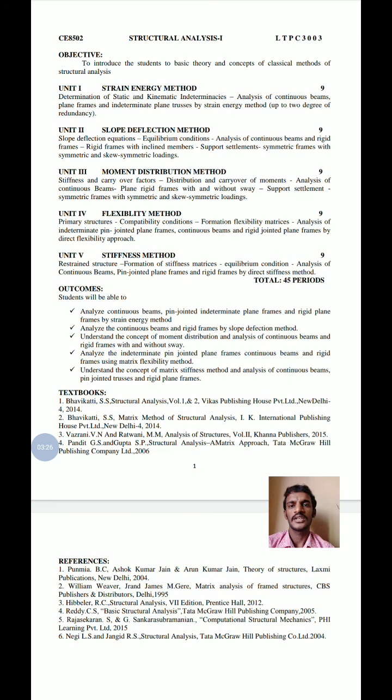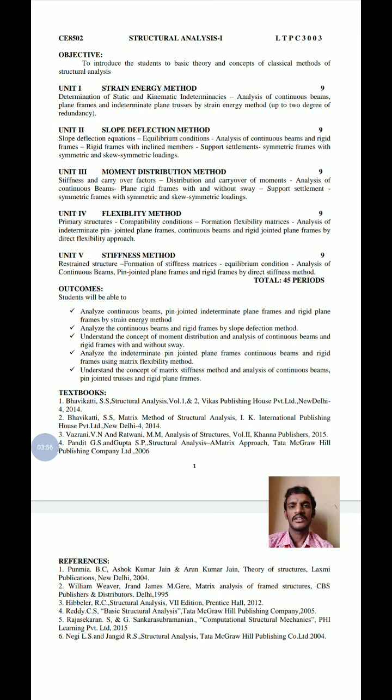First, Unit 1, strain energy method. In the strain energy method, we will analyze the given beam, truss members, as well as frame members based on Castigliano's theorem. The basics are reaction calculation and Castigliano's theorem. After that, we arrive at the reaction calculation as well as the bending moment diagram.